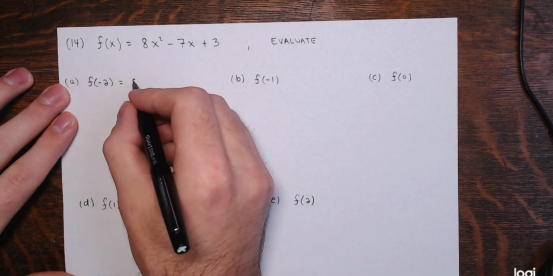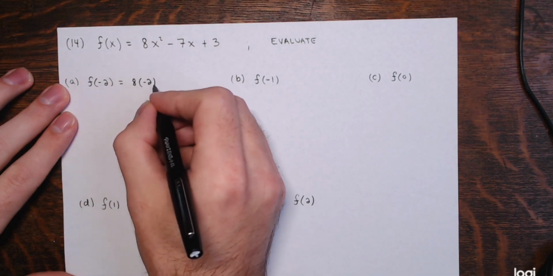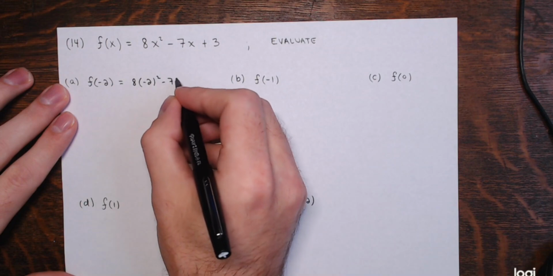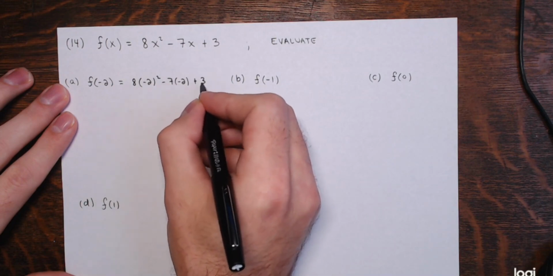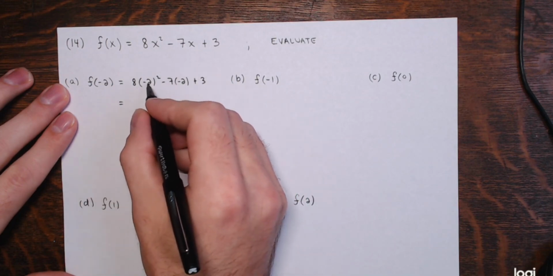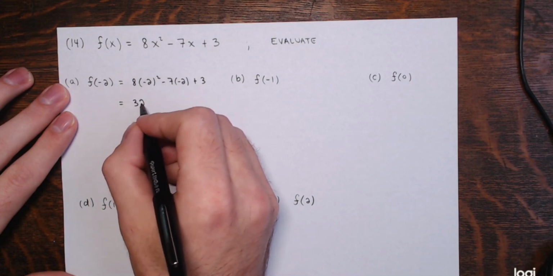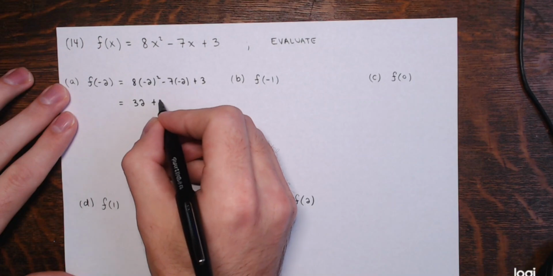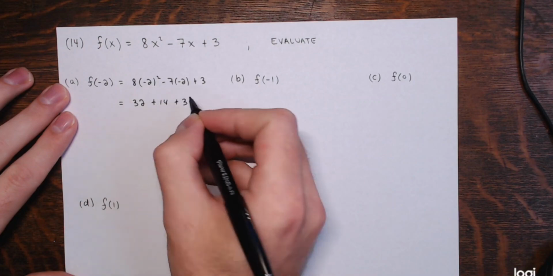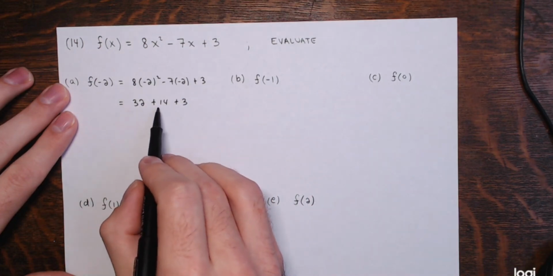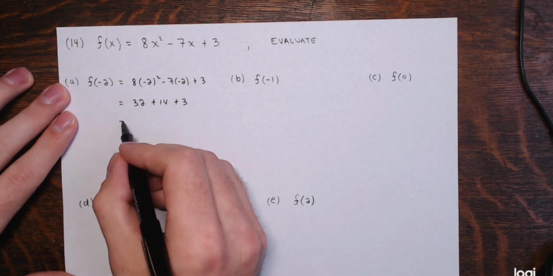Right? So this would be 8 times negative 2 squared minus 7 times negative 2 plus 3. Now negative 2 squared is positive 4 times 8 would be 32, and then negative 7 times negative 2 is positive 14, and then plus 3. So that's 46 plus 3, that's 49.